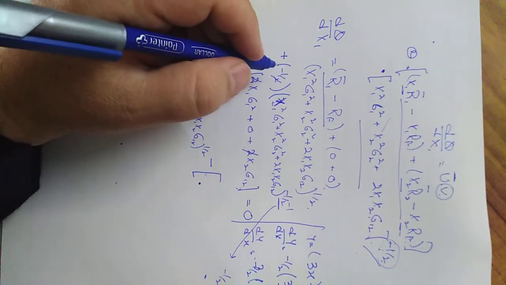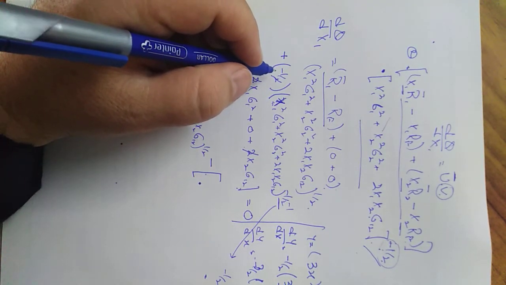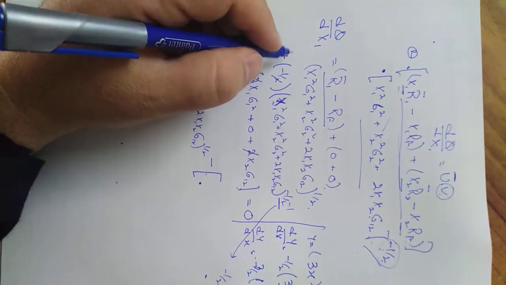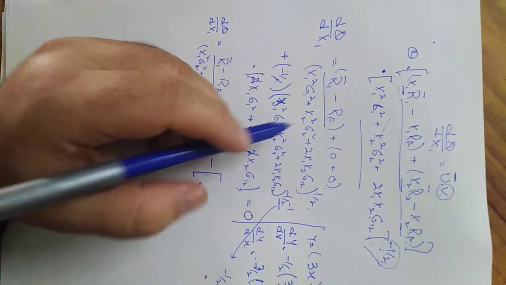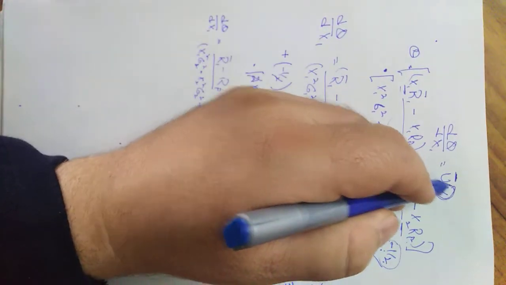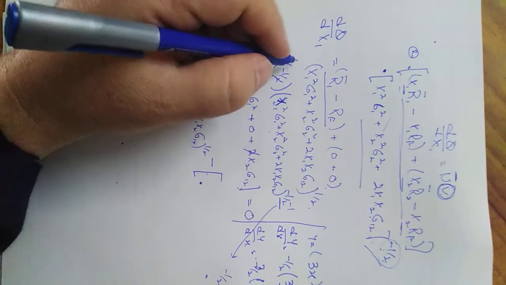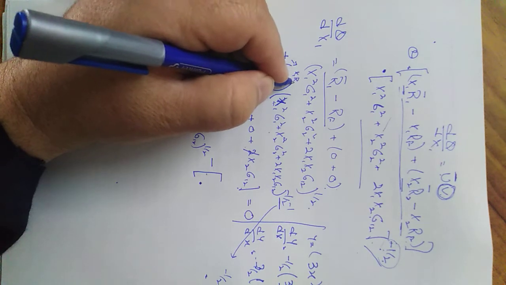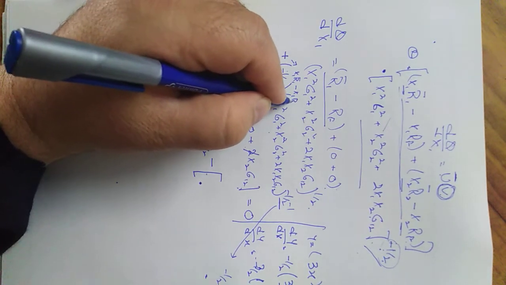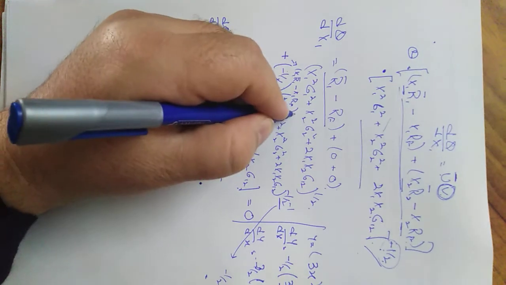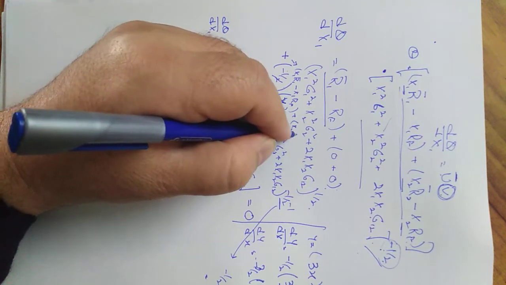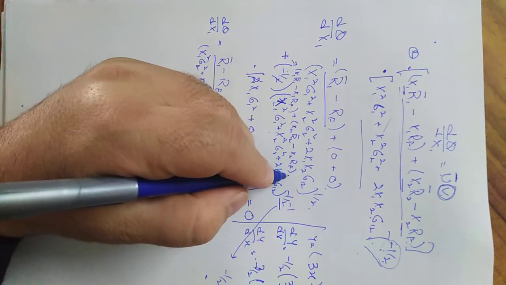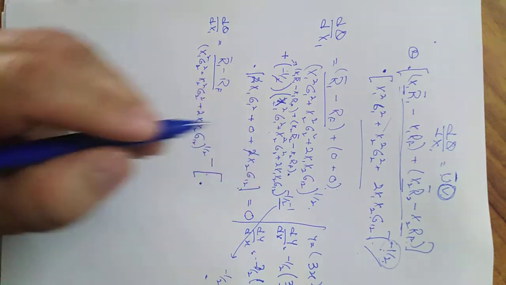Oh, sorry, I forgot something. I forgot to write the value of this. Sorry, my mistake. When I'm differentiating the v part, I did not write the u over here. The u is like this. I'll write u over here. So this has been multiplied.